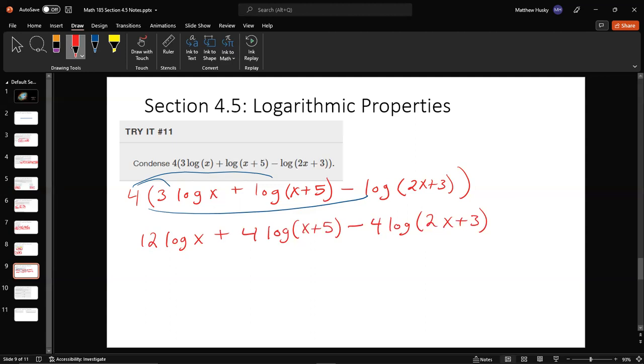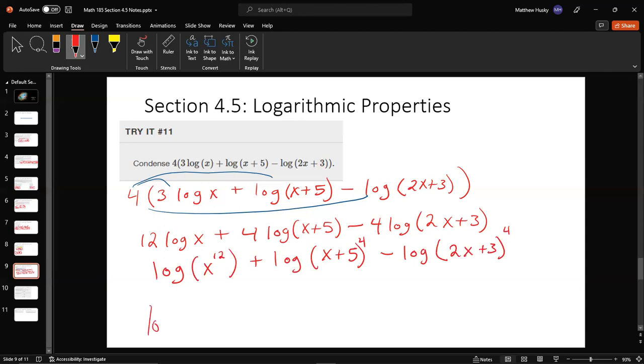So what will this be? This is going to be log of x to the 12th power plus log of x plus 5 to the 4th minus log of 2x plus 3 to the 4th. So then the stuff that's added, those are going to be multiplied together on the top.